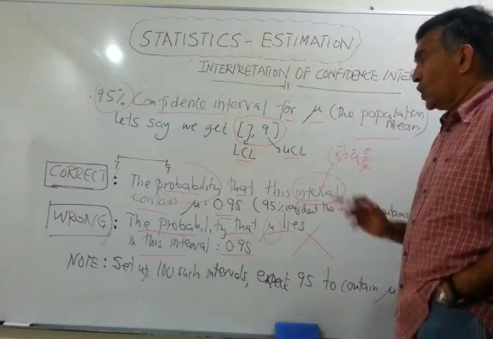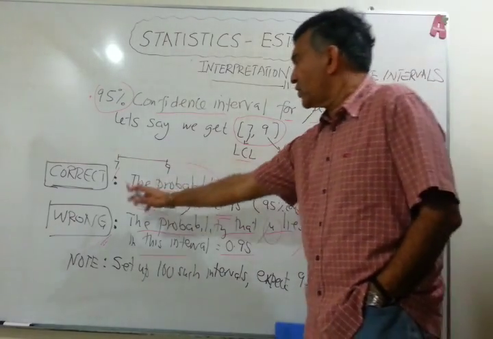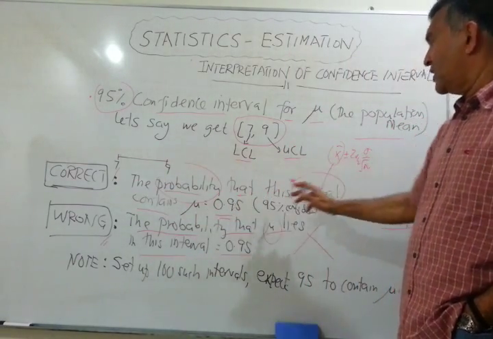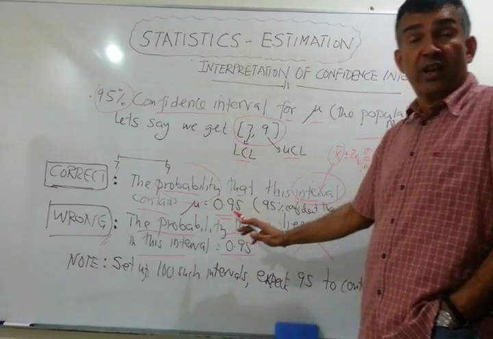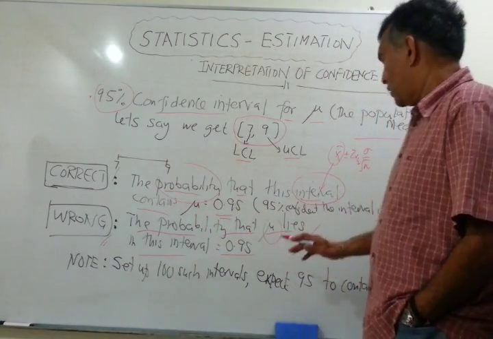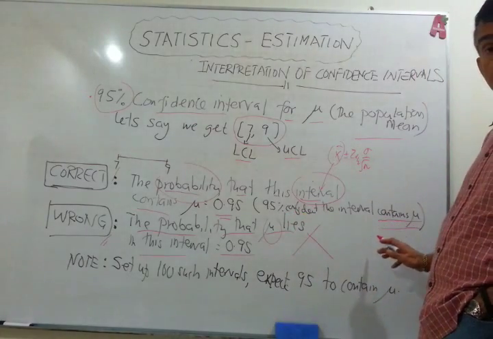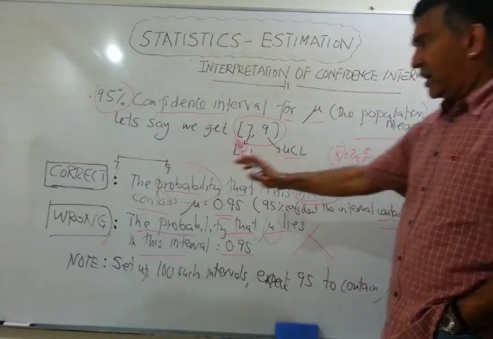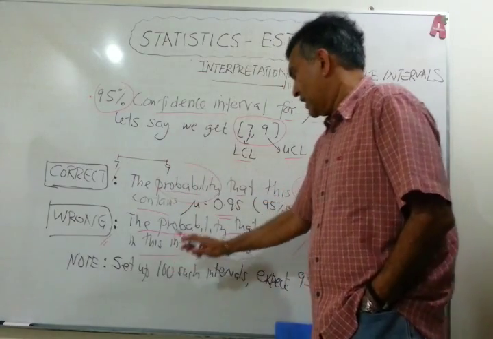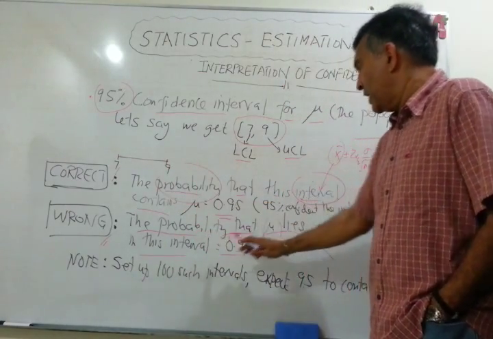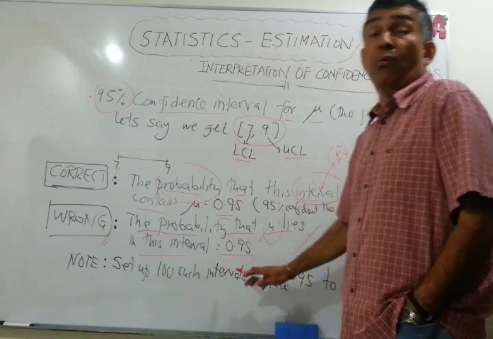So again, the correct interpretation: the probability that this interval contains mu is 0.95, or you can say you are 95% confident that the interval contains mu. The wrong statement: you cannot write that the probability that mu lies in this interval is 0.95.